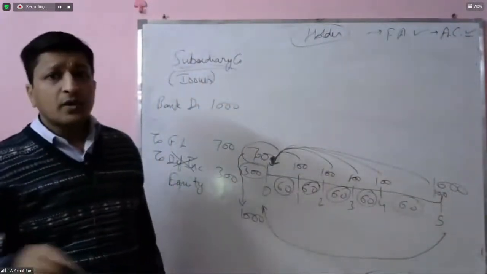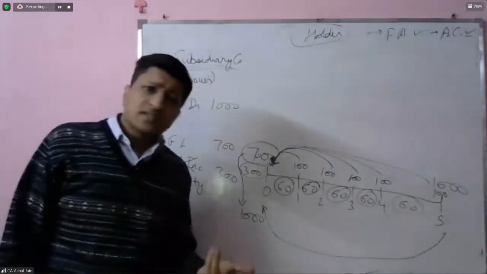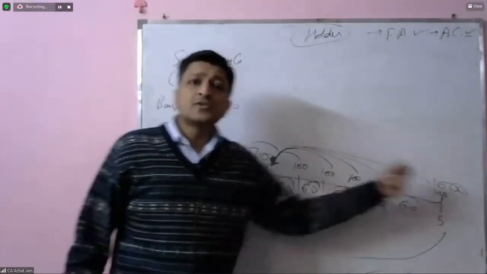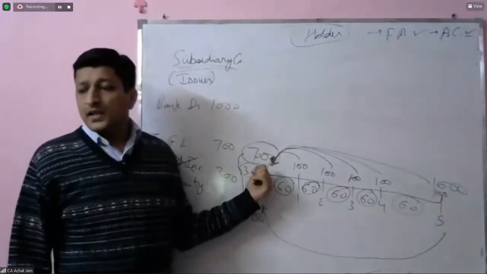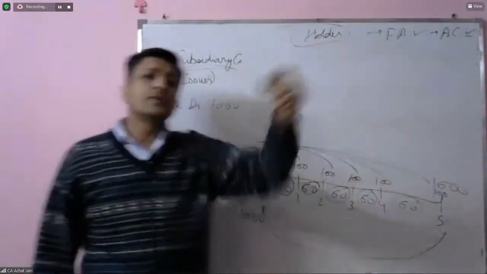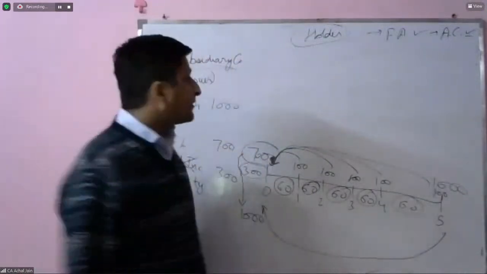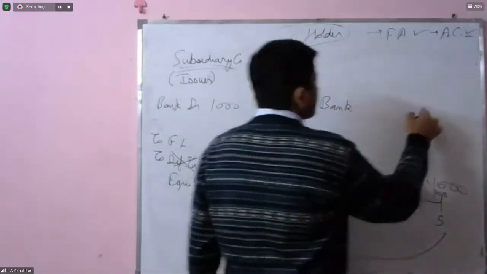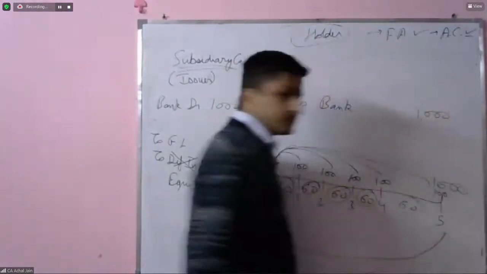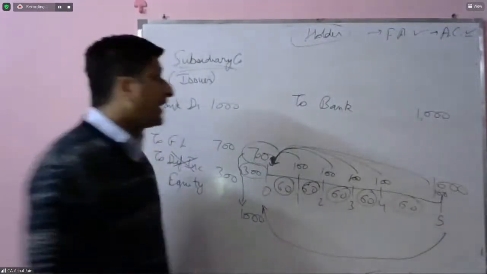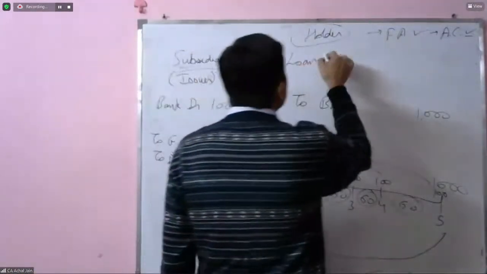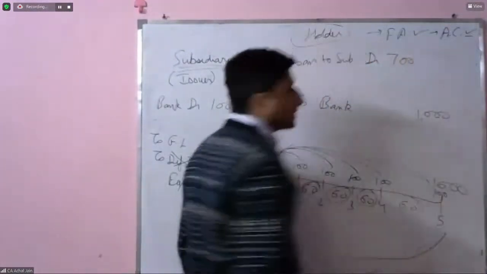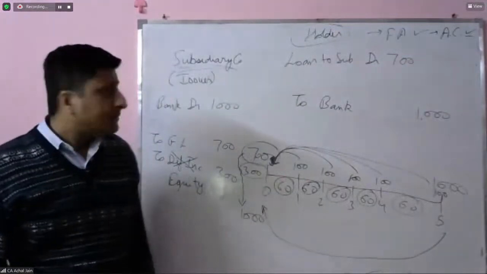And let's see how amortized cost accounting will be done. Again, the same thing. Holder will say this 1000 needs to be discounted today at the discount rate of the holder, let's assume it's the same, 700. So what will the holder do? Holder will credit bank, because the holder has given a loan of 1000, and will debit loan to subsidiary 700.